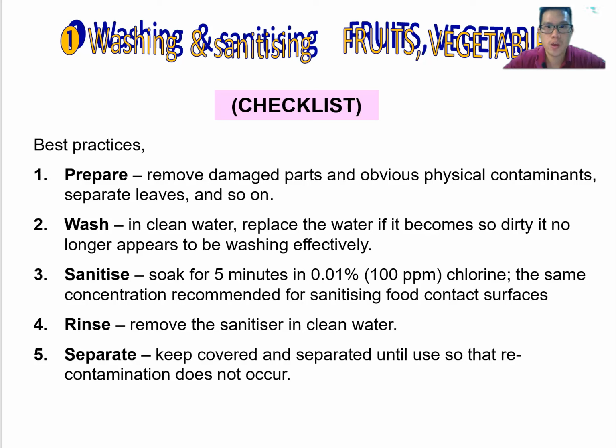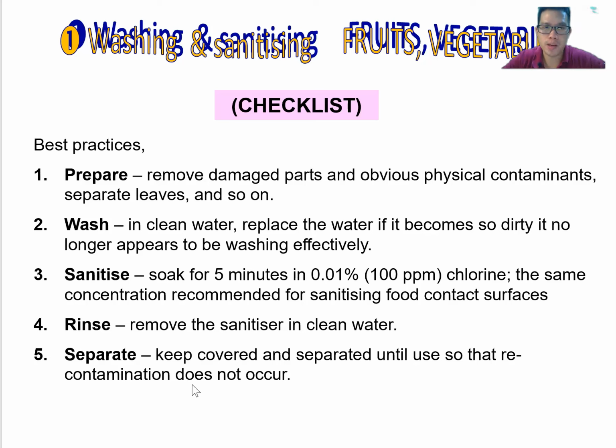That's a very good way to sanitize vegetables as well. Nowadays, there's also a vegetable wash that you can use to sanitize your vegetables, using natural ingredients. Once you have sanitized, you rinse it properly, and then separate it away from the other raw ingredients, cover it and store it until you use it.